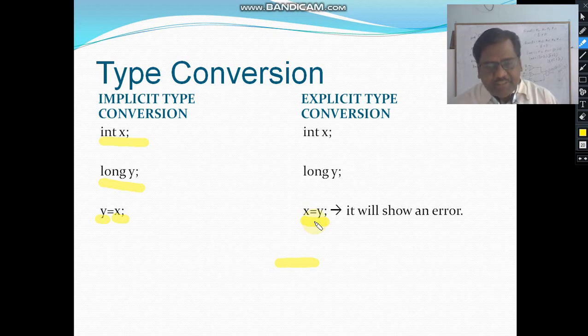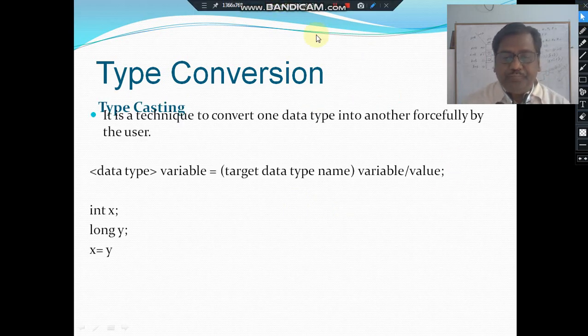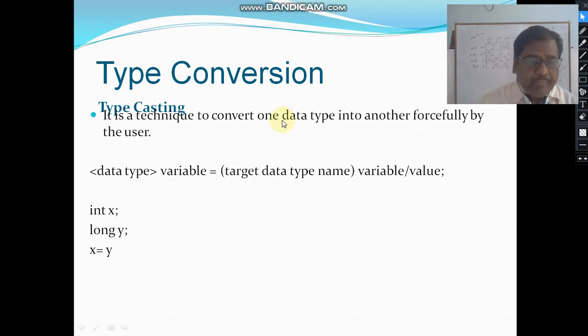To make explicit type conversion possible, we have to use a technique, and the technique is termed typecasting. So what is typecasting? It's very simple.